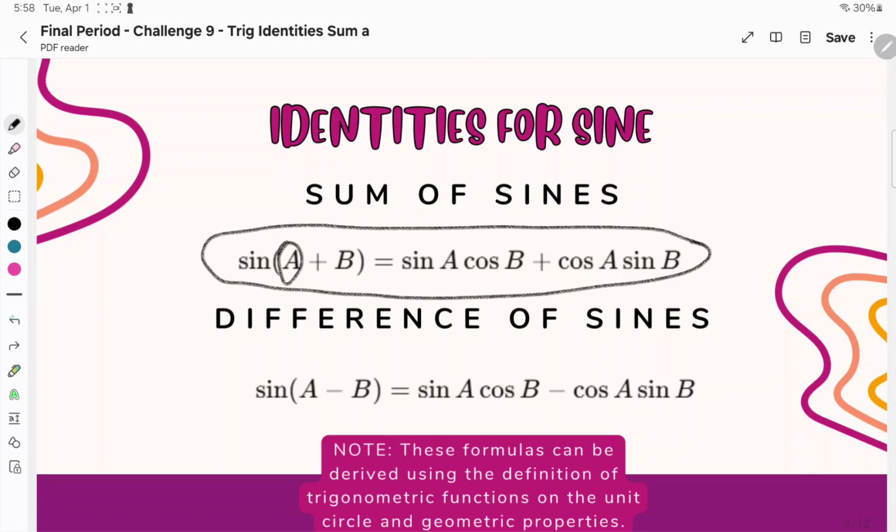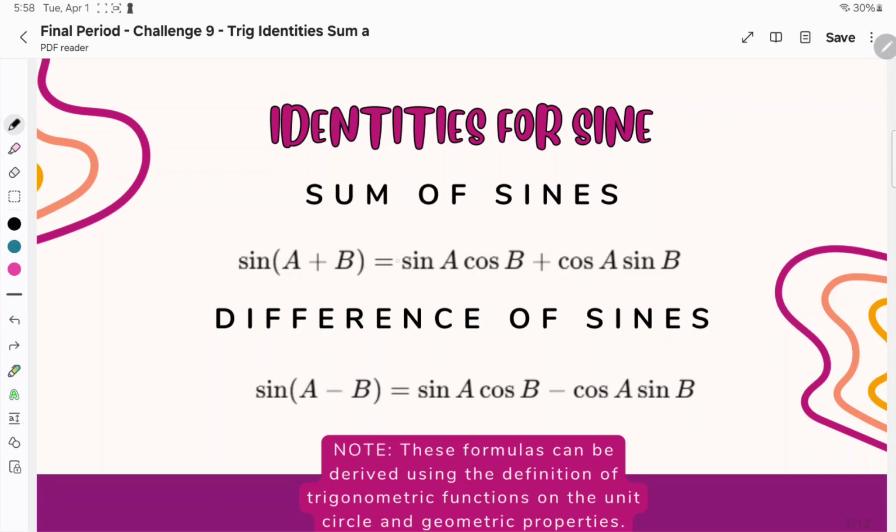One would think maybe that this would be equal to sine of a plus sine of b, but this is incorrect, okay? So what is gonna be sine of a plus b? The sine of the sum of two angles is gonna be sine of a multiplied by the cosine of b plus cosine of a multiplied by the sine of b.